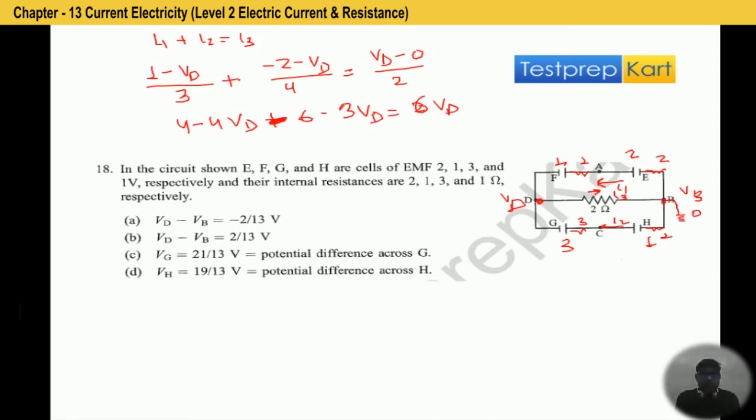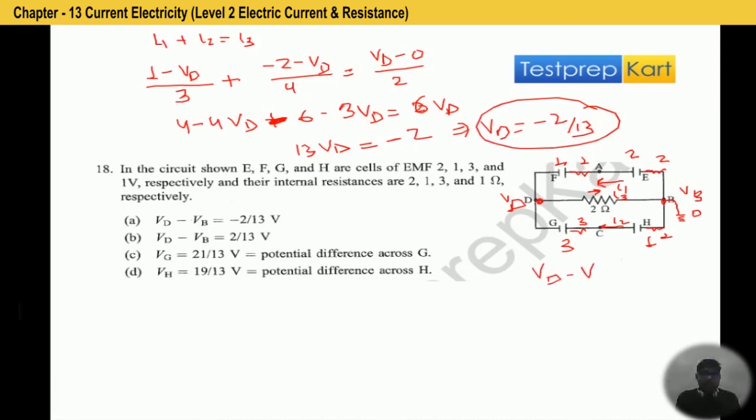So from here we'll get 13 VD is equal to minus 2. It means VD is equal to minus 2 by 13, right? So the potential difference VD minus VB is definitely minus 2 by 13. So option A is right.